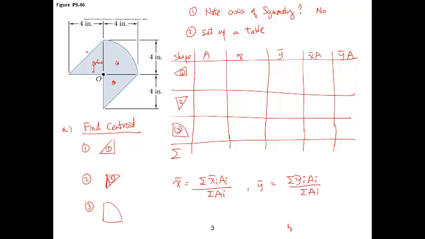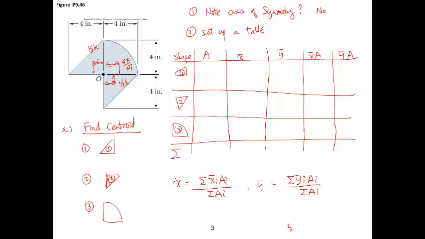These two distances are 1/3 of the height from its base. And where can you get that information? You can get it from chapter 5. Remember that table that we have for some common areas? And this distance is 4r over 3 pi. Let's go ahead and plug it in.